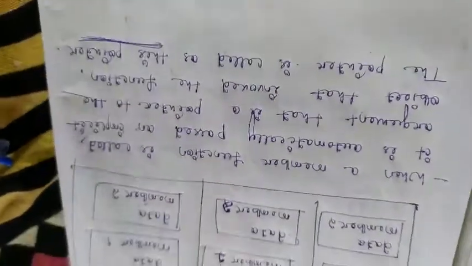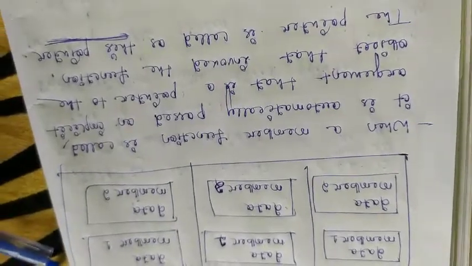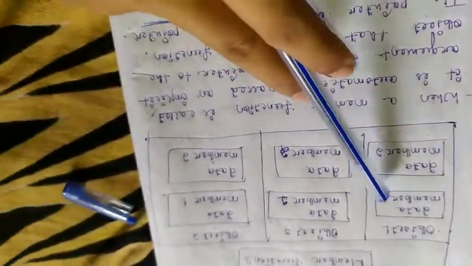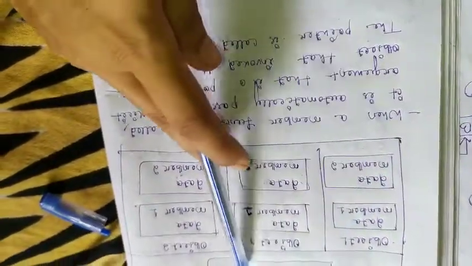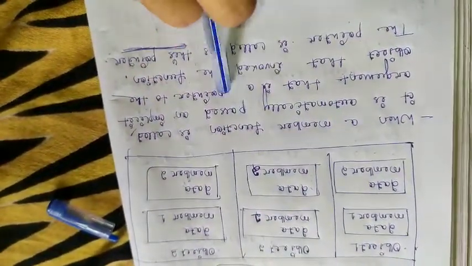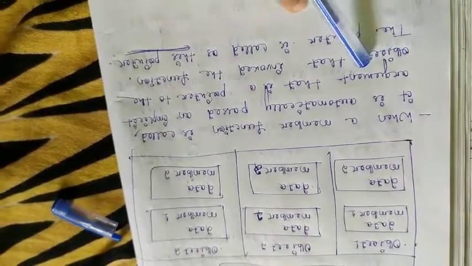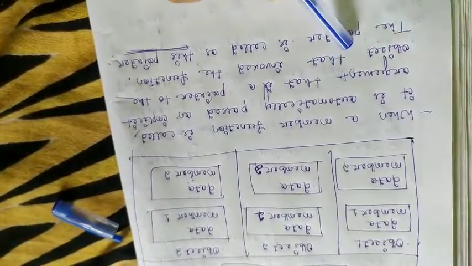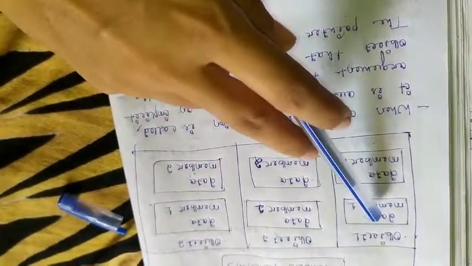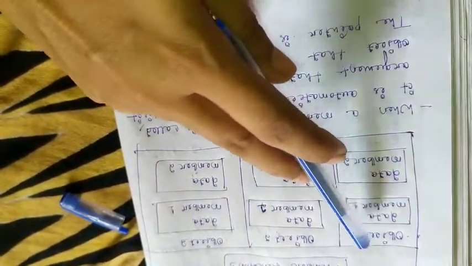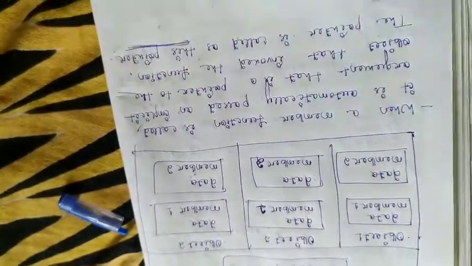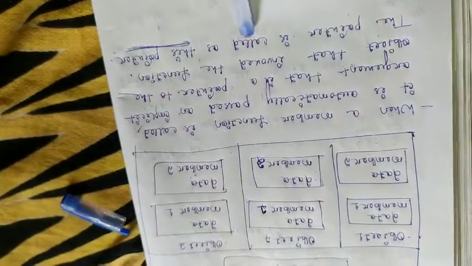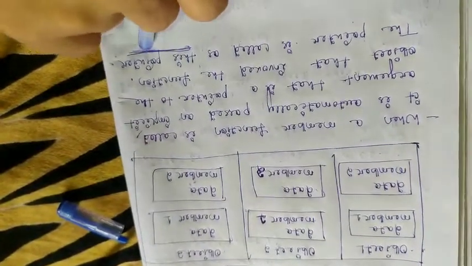When we call member function 3 through object 1, it is automatically passed an implicit argument, not an explicit argument. It is an implicit argument, a pointer to the object, this, which points to object 1's data member 2. It will pass an argument for data member 2, and that pointer is called the this pointer.